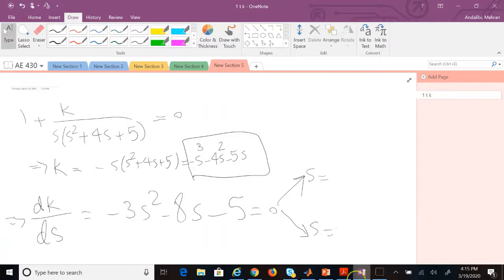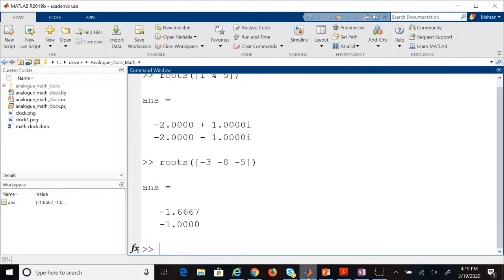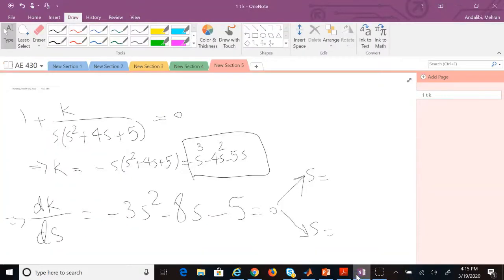We can use the discriminant, or we can use MATLAB, with coefficients negative 3, negative 8, negative 5. And the roots are at negative 5 over 3 and negative 1. So one of them is at negative 1, the other one is negative 5 over 3.